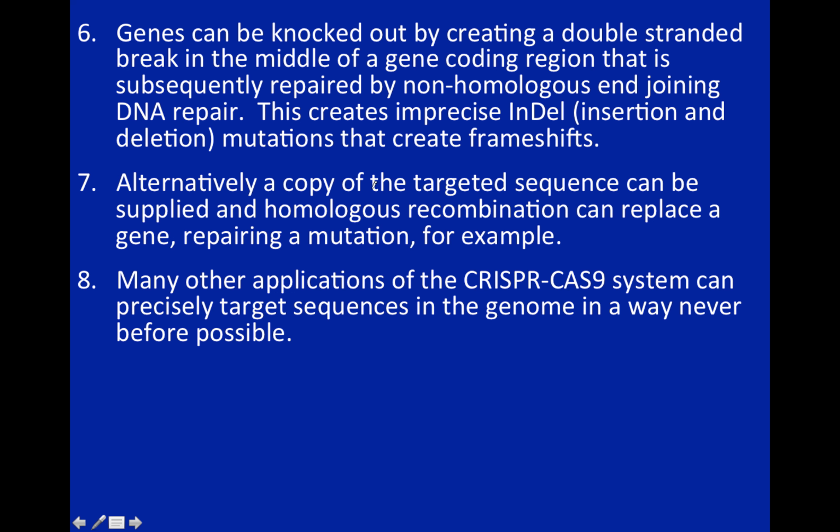Alternatively, a copy of the targeted sequence can be supplied, and through homologous recombination, it can replace a gene, repair a mutation, for example. Many other applications of the CRISPR-Cas9 system can precisely target sequences in the genome in a way never before possible. And I should add that this technique can be used directly in cells in an organism or in cells in a Petri dish.